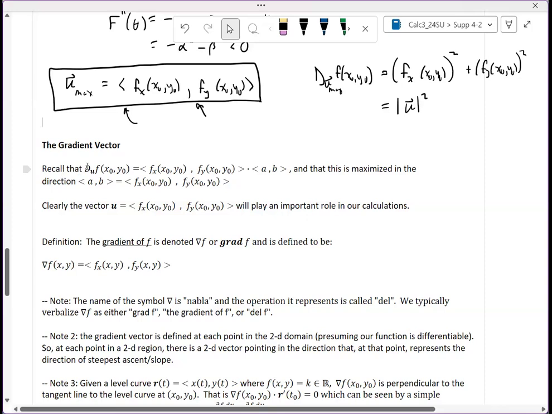So again, recall that we can write the directional derivative as the dot product of a vector where the components are the partials with the vector that's the direction vector. And further, we just showed that this is maximized when we choose the direction vector that is also the vector of the partials.